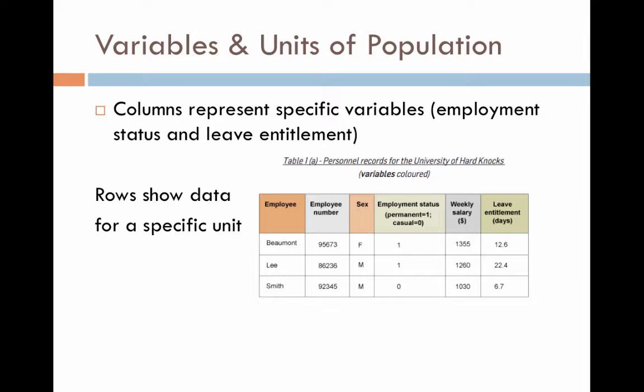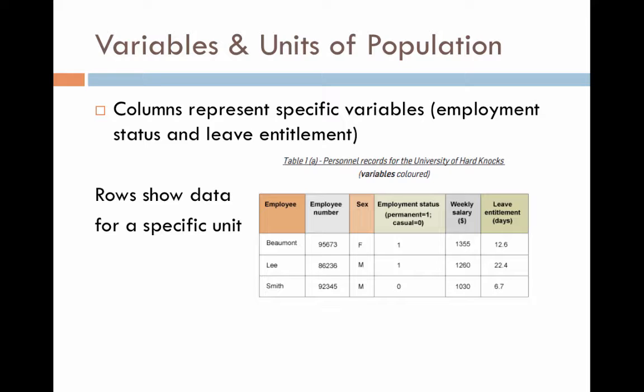One thing to learn is there's a particular jargon associated with discussing tables and data. We're talking about variables and units of population. Dealing with quantitative data, the columns represent specific variables. Those variables in this context are employment status, employee number, sex, weekly salary, and leave entitlement.